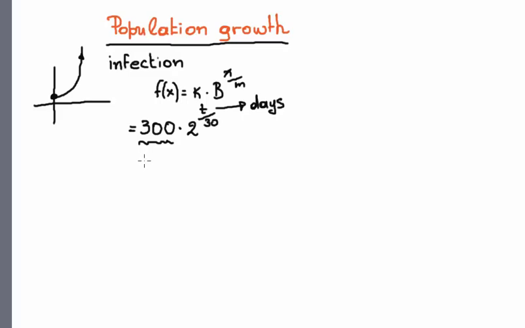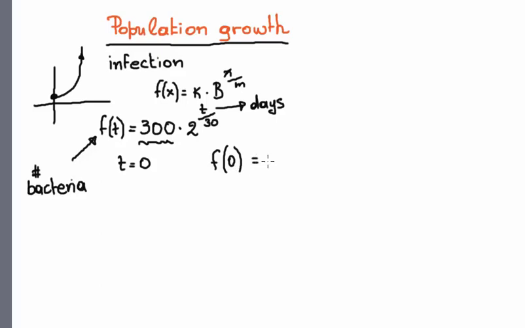What does it say? At the beginning of time, when t is equal to 0, the function, the count of bacteria in the specific organism, is going to be f of 0.